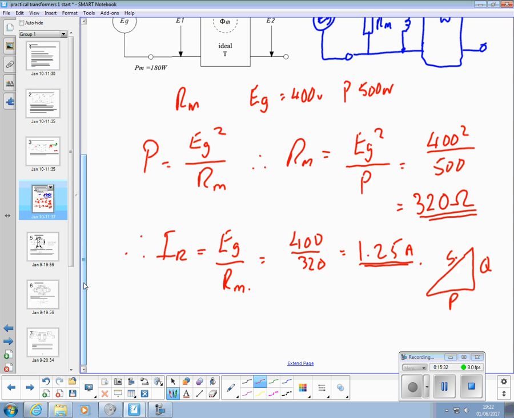We've been given that one, P. How can we get S? The units give it to you. 3,200 VA.